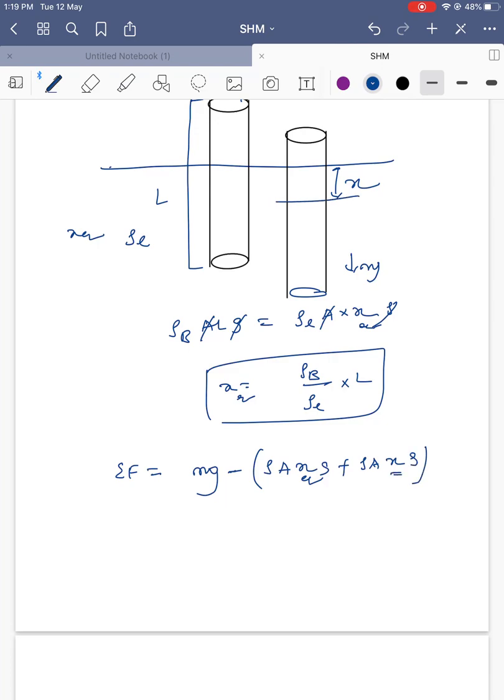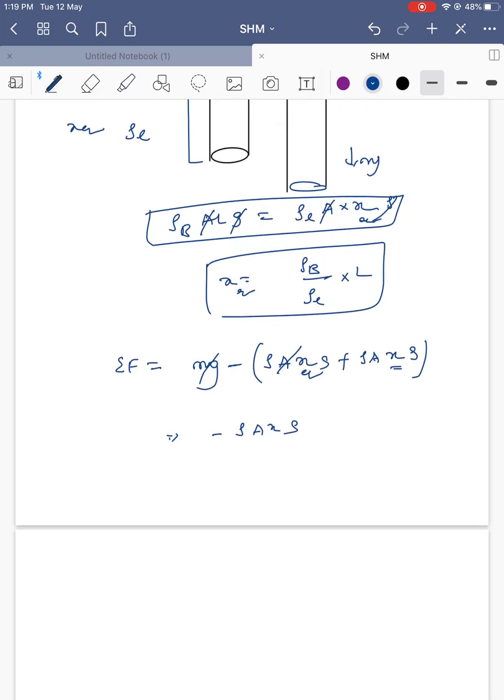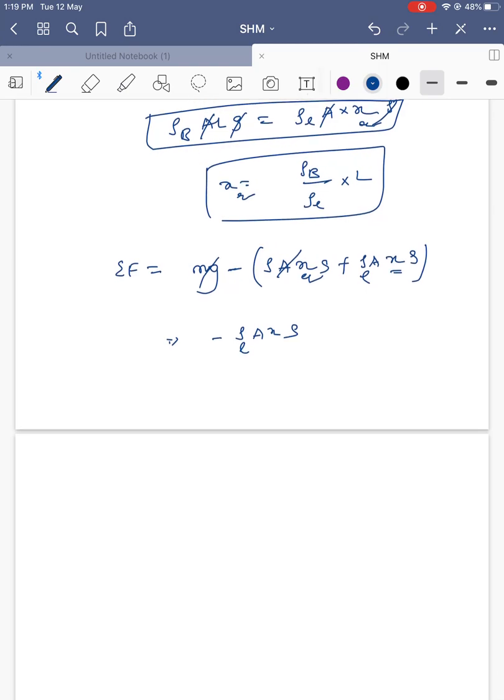This is the extra amount of liquid the body is submerged in, so the extra buoyancy force. As per the previous expression, Mg is nothing but rho A x equilibrium into G, so the net force is minus rho of liquid into A into x into G.